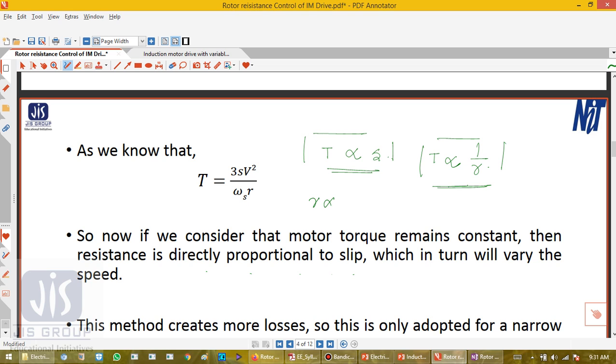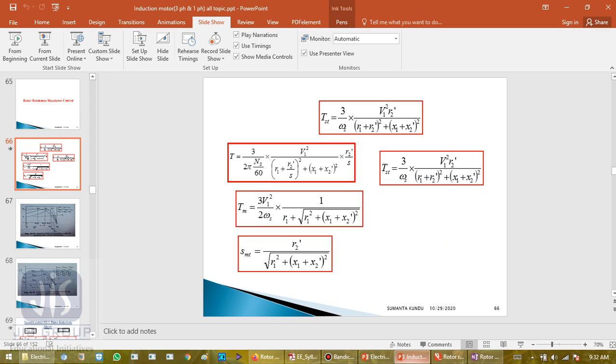Resistance is directly proportional to slip when torque is constant. So if we can change the resistance, we can change the slip, and if we can change the slip, we can change the speed of induction motor.